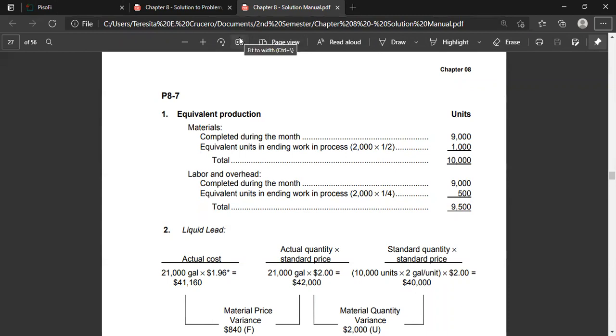$23. For production and cost summary: units completed during the month 9,000, ending units in process 1/4 completed 2,000, gallons of liquid lead used 21,000, gallons of varnish used 20,000.